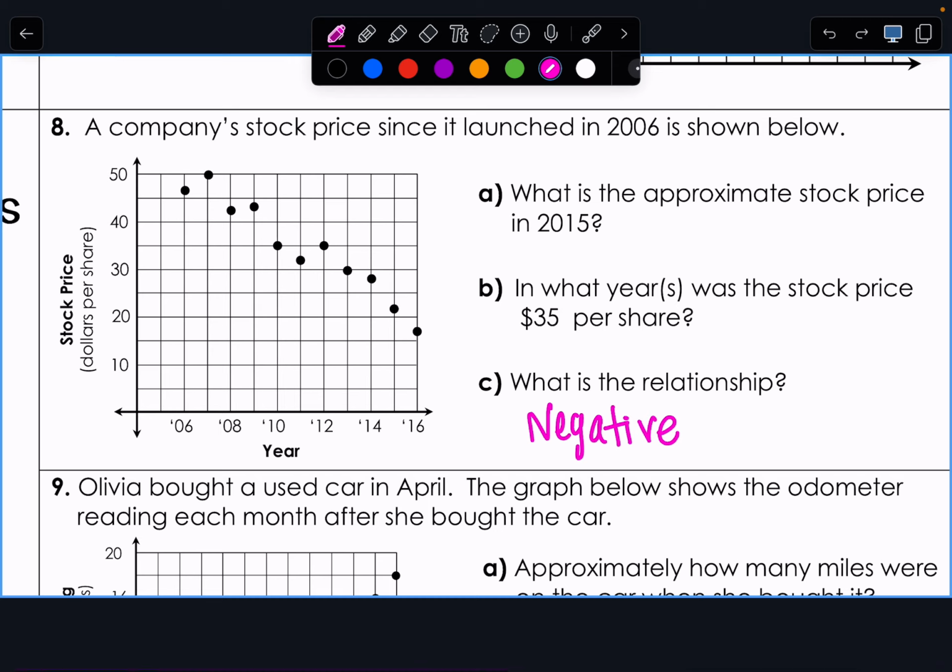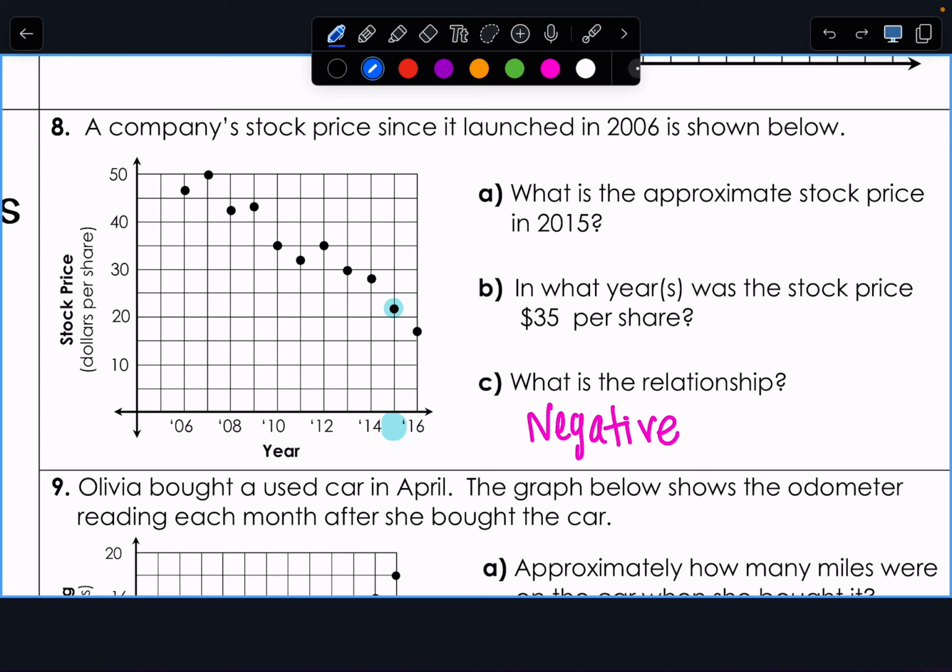So, in part A, what is the approximate stock price in 2015? Well, we got to go to 2015, which would be right here. Okay, there's my dot. Now, it's not on one of the grid lines, so we have to approximate, which is why it's an approximate. What would you call that number? 21, 22. I would accept both answers.